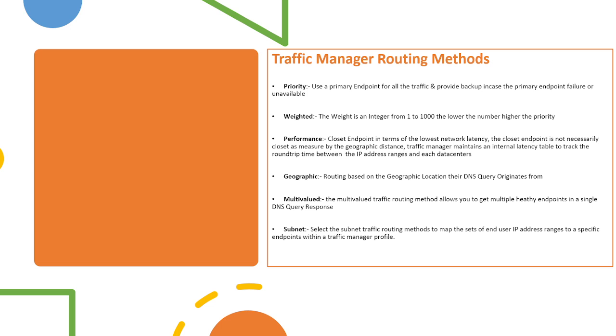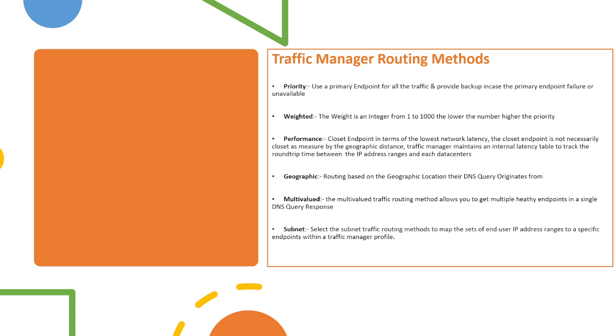Whoever is available, it will just randomly send. That is called multivalue. It will send to the local, regional, any of the application servers. Okay, that is called the multivalue routing method.